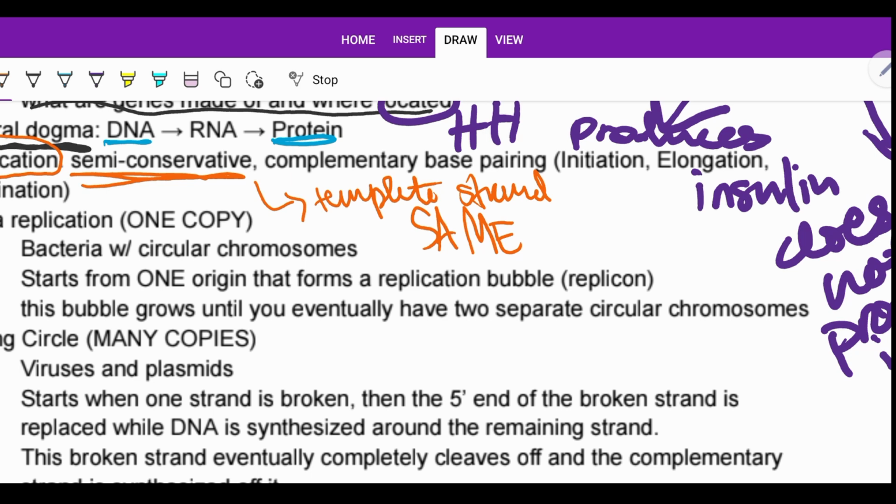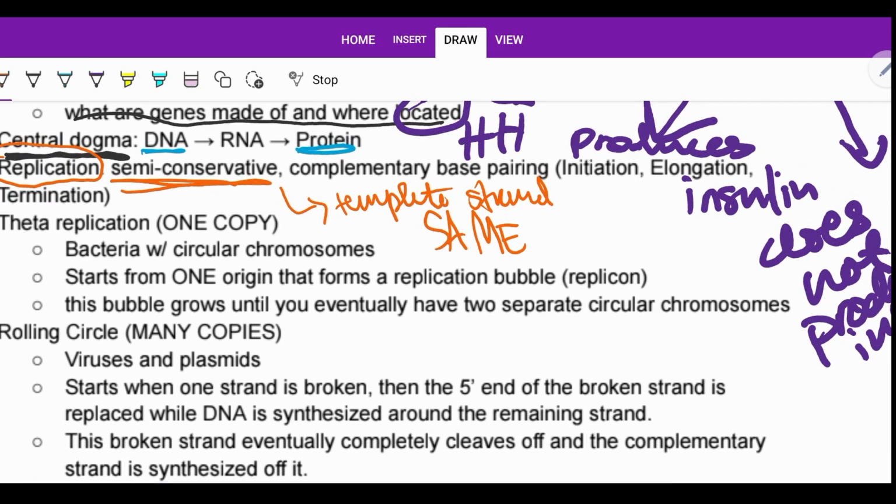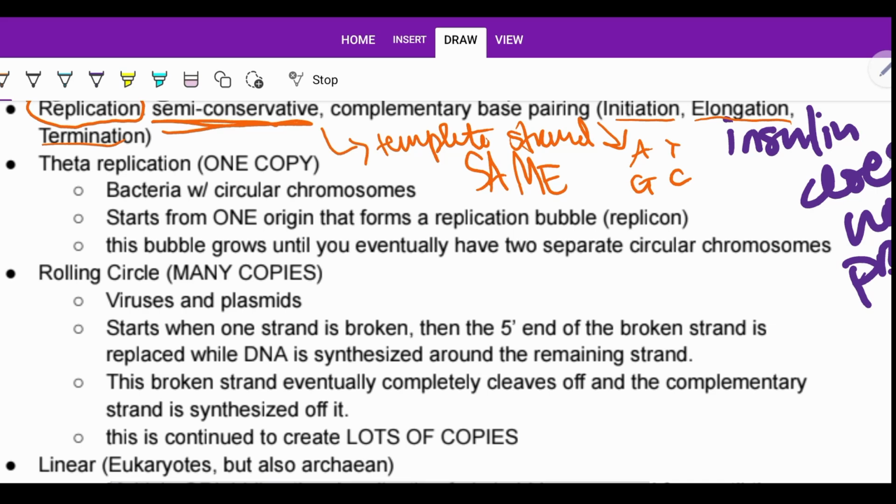So the new DNA will be half old DNA and half new DNA. There is complementary base pairing. That is basically the rules of A pairs with T and G pairs with C. And then we have three phases, which are initiation, elongation, and termination. We will get into these in the next few minutes.